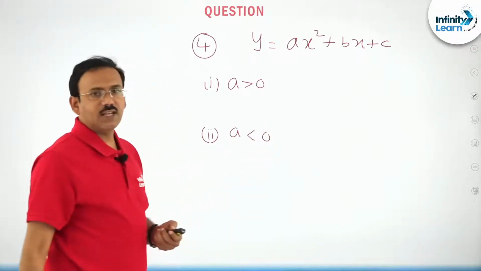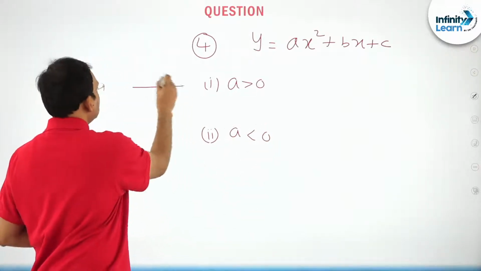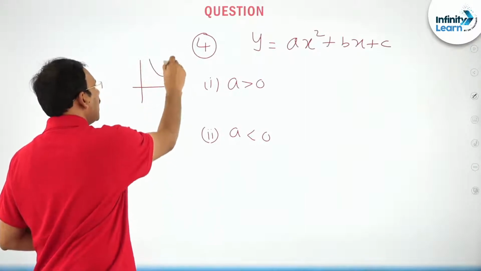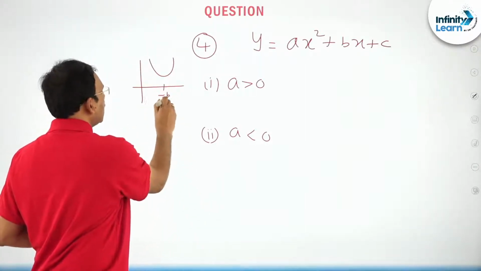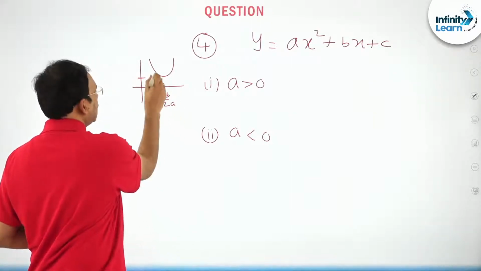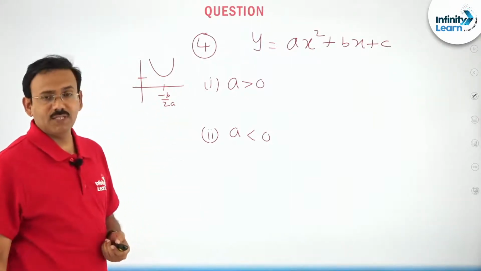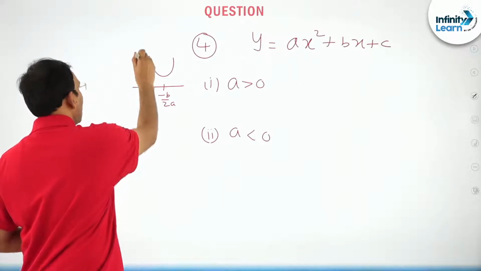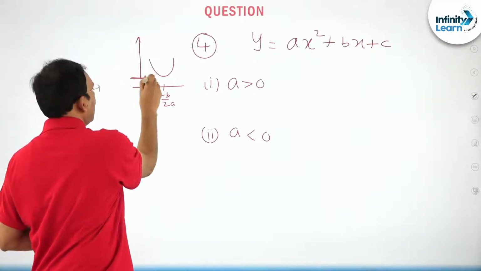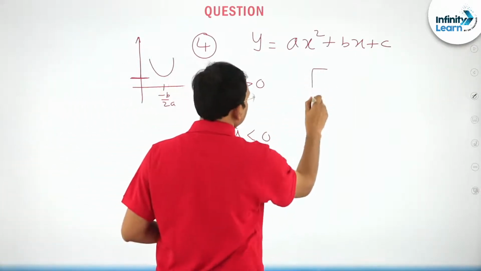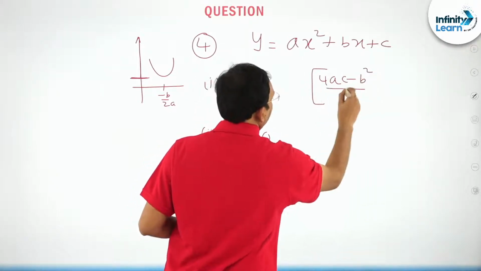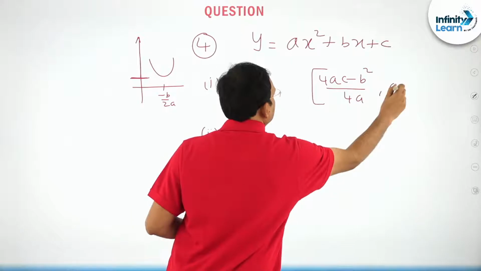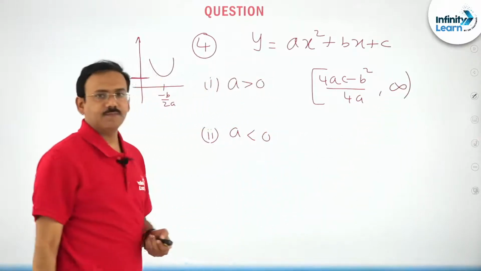You know that if a is positive, this expression will be an upward parabola. You see the turning point, you know, minus b by 2a, and the value is 4ac minus b square by 4a. So, the range is, friends, minimum is 4ac minus b square by 4a, maximum is infinity.